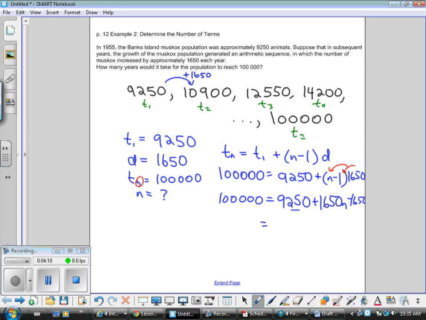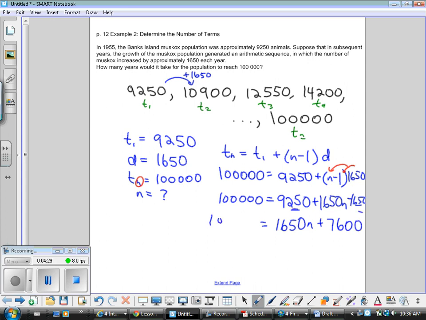These two are like terms now, right? 9,250 minus 1,650. So you can group them together by subtracting. That gives you 7,600. So we'll just write the n term and then 7,600, which is what you get when you subtract this from this.